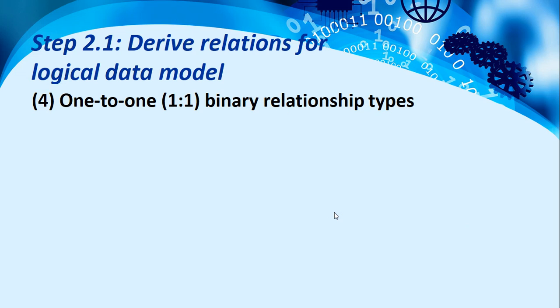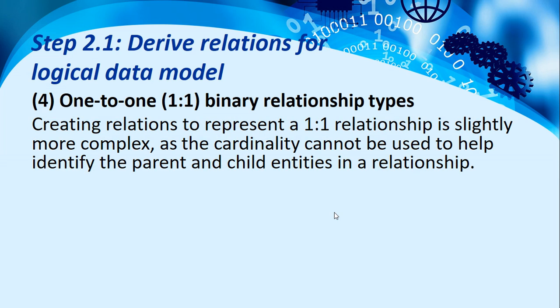Next, we have one-to-one binary relationship types. Creating relations to represent a one-to-one relationship is slightly more complex, as the cardinality cannot be used to help identify the parent and child entities in a relationship.